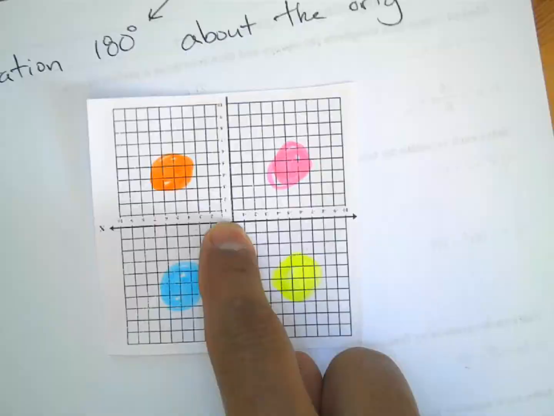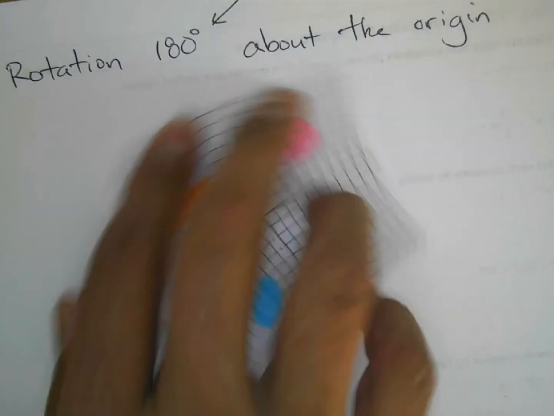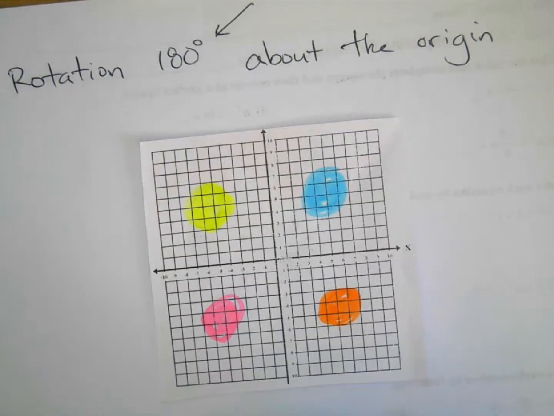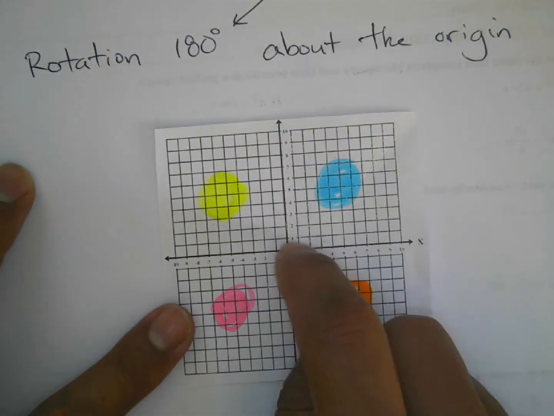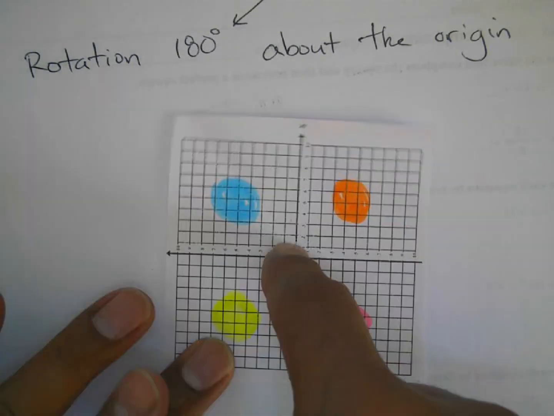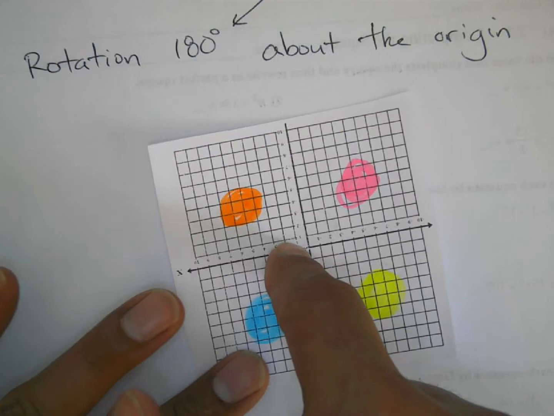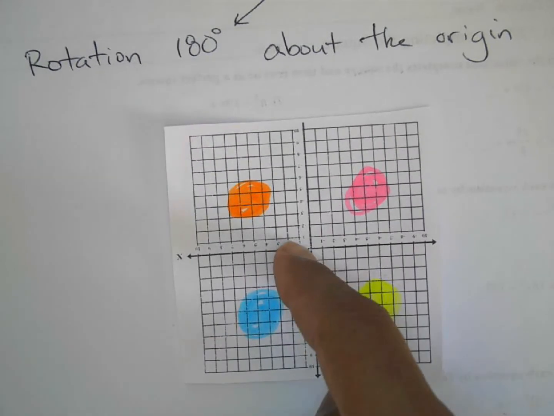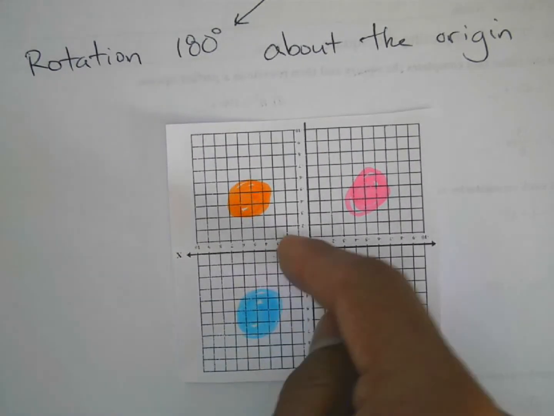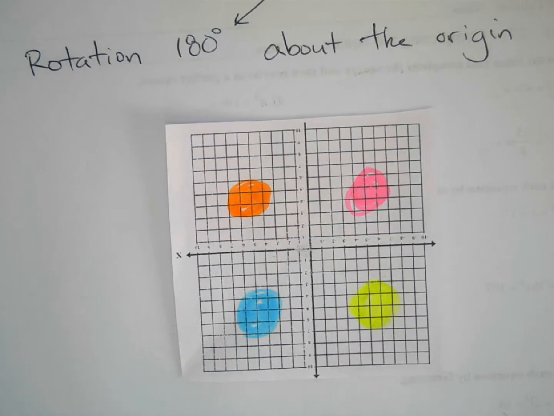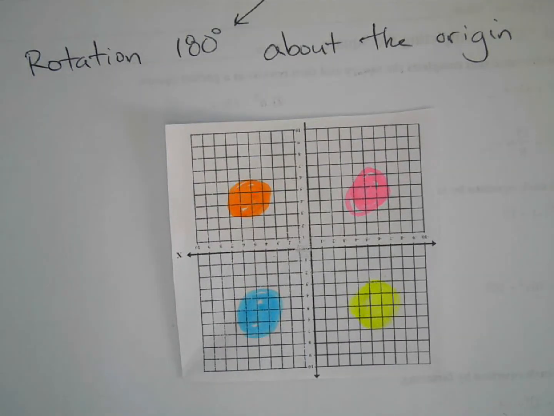That was clockwise. Now let me start that again. What if I rotate the other way? 1, 2. See, it doesn't matter if it's clockwise or counterclockwise. It's two 90-degree turns. 90 plus 90 is 180. So that's the rotations we're going to do today.